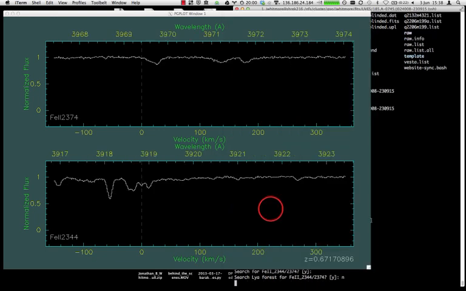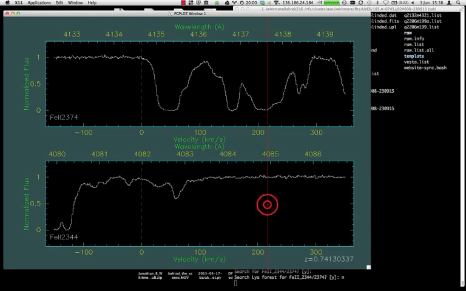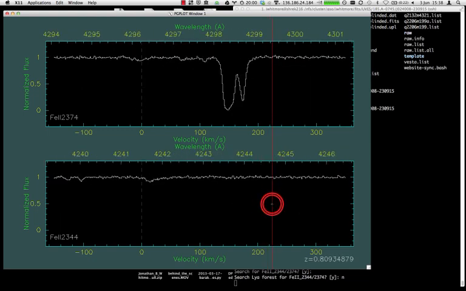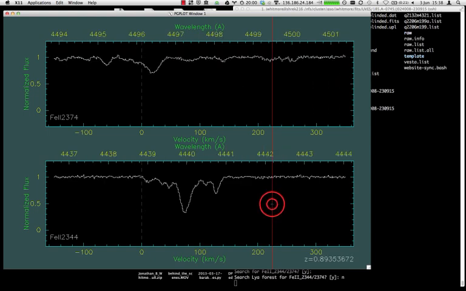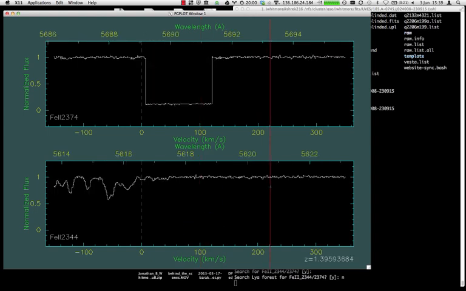And so you're going to be looking for effectively a doublet, nice and close together, same velocity structure. In this case, the 2344 line is much stronger than the 2374, but again, not orders of magnitude stronger. There's the difference there. There's an absorption system, but considerably weaker than the corresponding magnesium-2. So I'm just going to stop after that one.